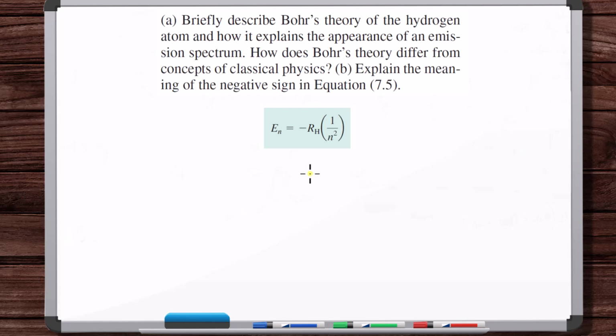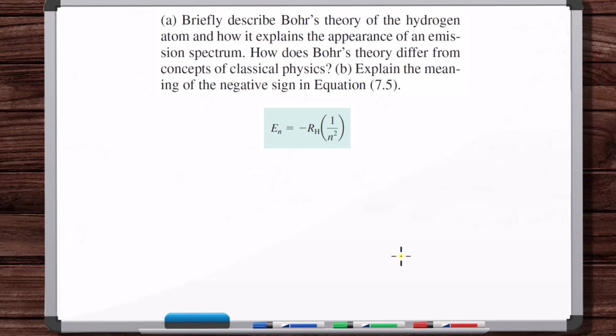But in certain circumstances, like with gases, relatively lower pressure gases, when you heat it up, get it to glowing hot, and you pass that visible light through a prism, it separates out into only discrete, specific frequencies of light being emitted. So different substances, different types of atoms in the gaseous form, have unique emission spectrum.